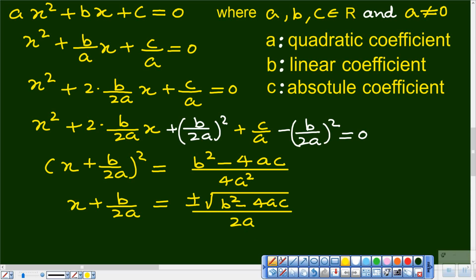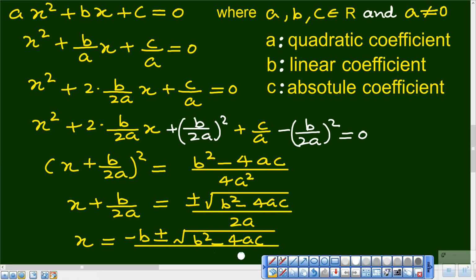Transfer it over there and I get the solution as x is equal to minus b plus minus square root b square minus 4ac upon 2a. There's a minus sign over here, notice it carefully. So these are the two values of x which satisfy the original equation.